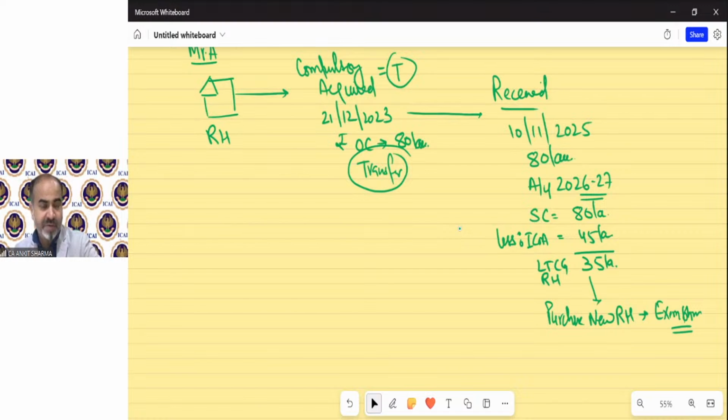So if his residential house has been compulsorily acquired by the government and now he got the compensation in 2025, and he wants to claim exemption by purchasing a new residential house, then in which section can he claim the exemption?